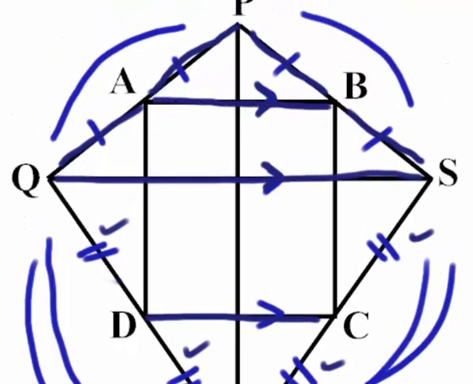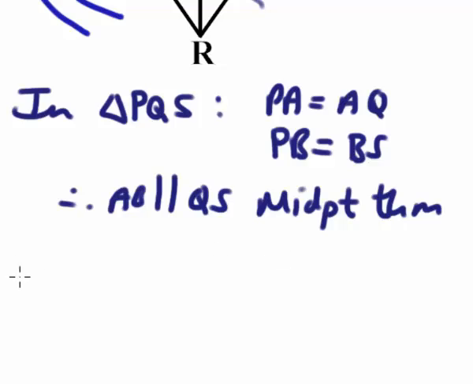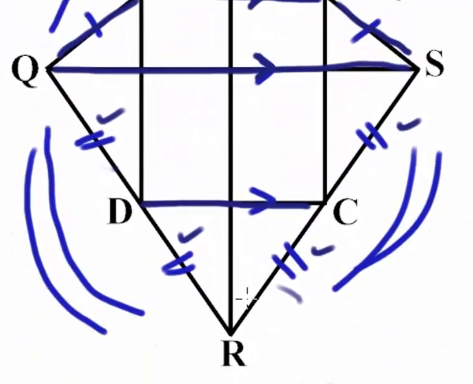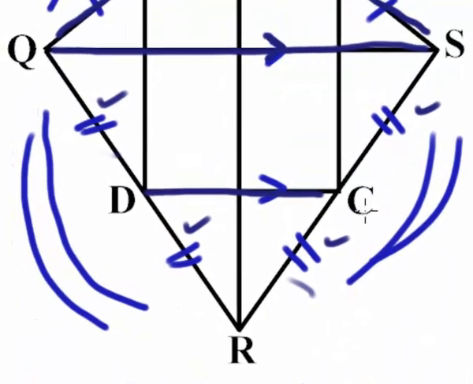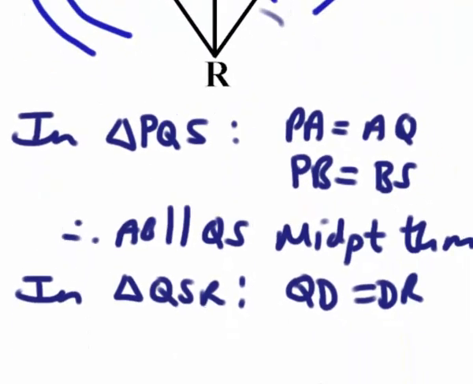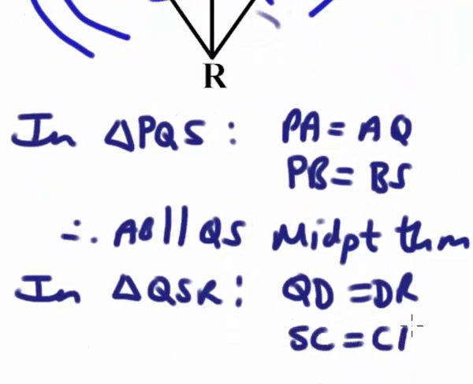So let's set that out. In triangle QSR, what's going to happen in QSR? We've got QD is DR, and SC is CR.